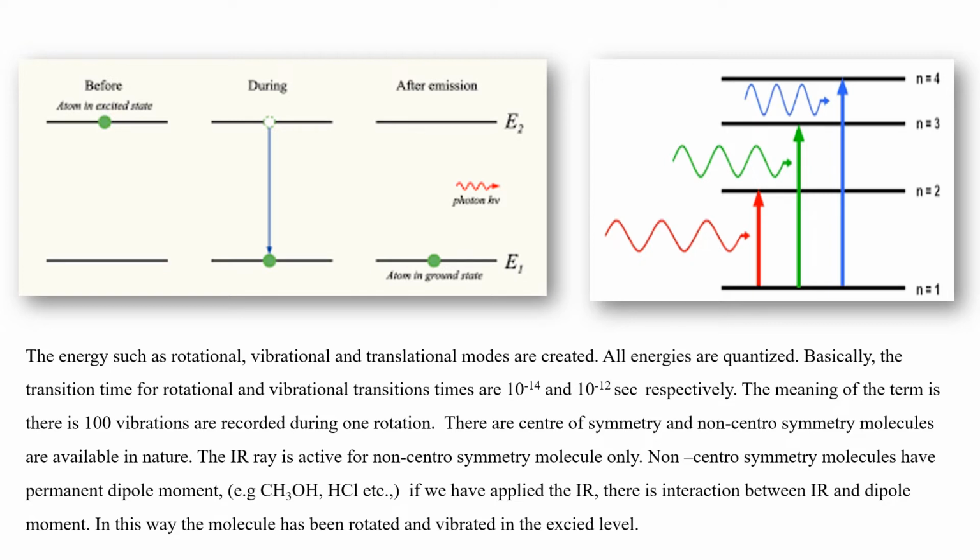So one is called absorption, and the first diagram shows absorption. There is a ground state of the electronic level and an excited state. From the ground to the excited position is called absorption. There is a small transition time that we reside at the particular excited state.